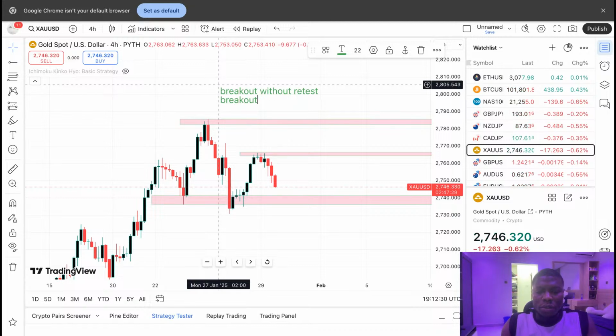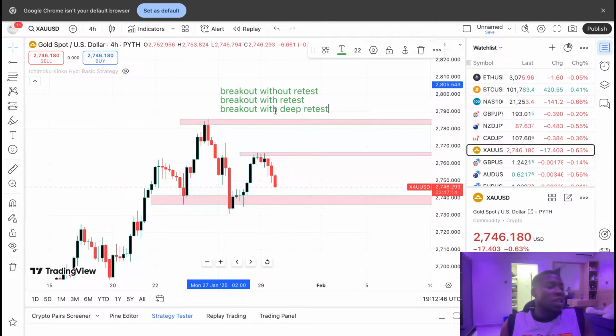Breakouts with retest. And then breakouts with deep retest. So these are types of breakouts at support and resistances.